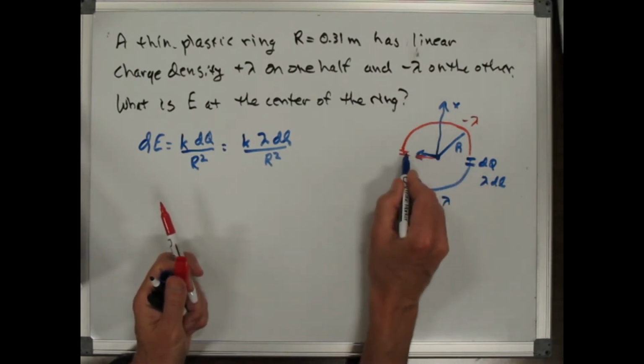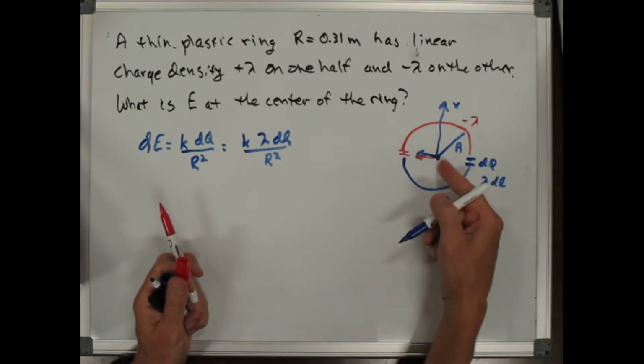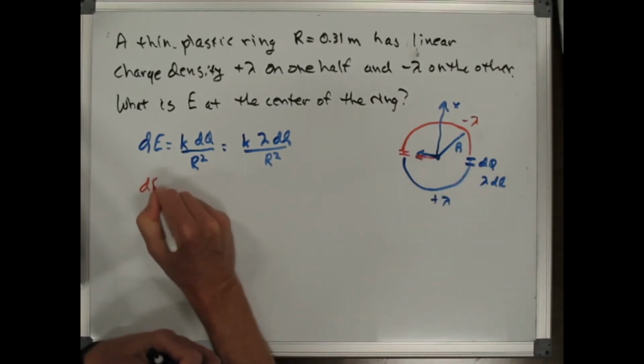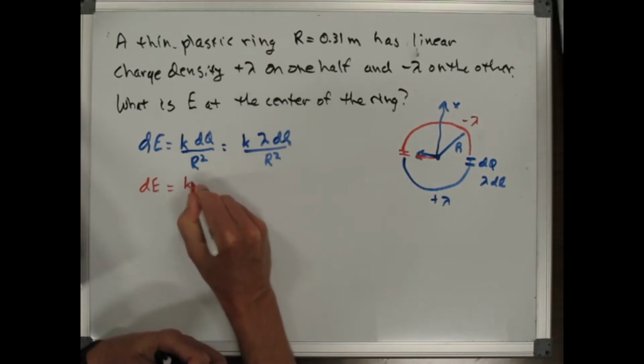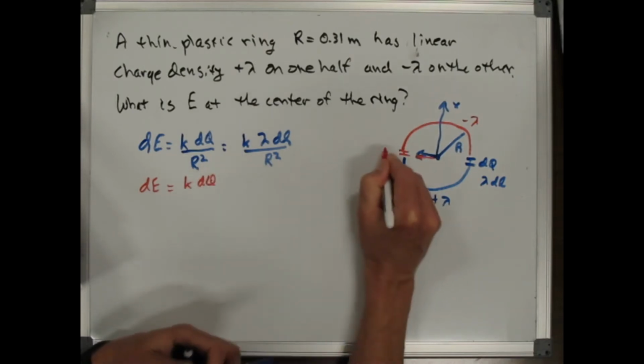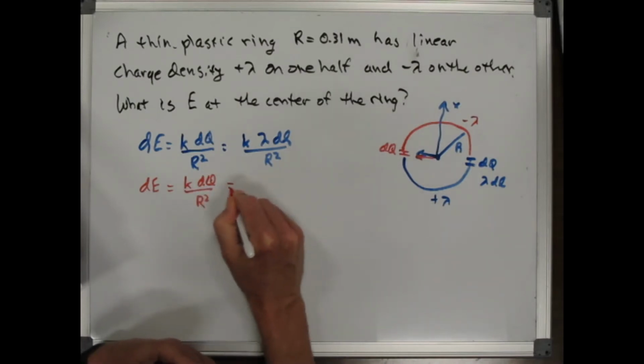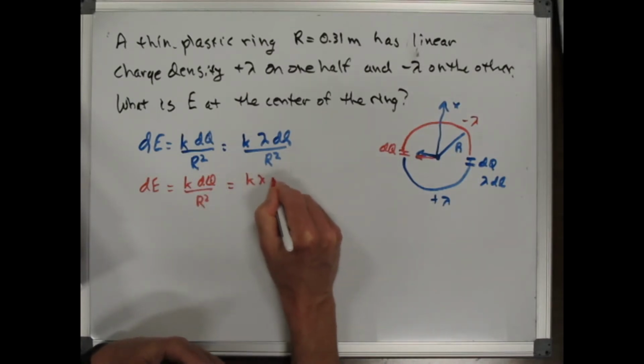But there's an element on the opposite side which gives the same electric field at that point. I can say dE equals k dq over r squared, which is k lambda dl over r squared.